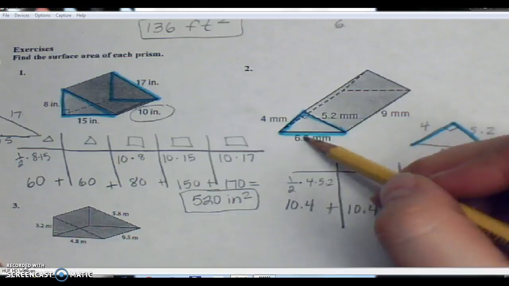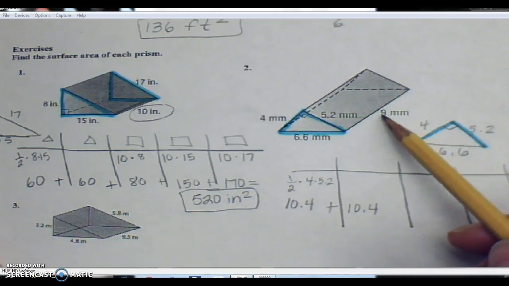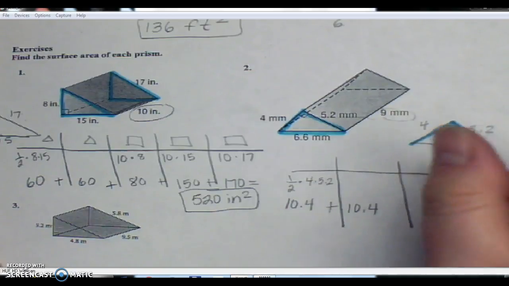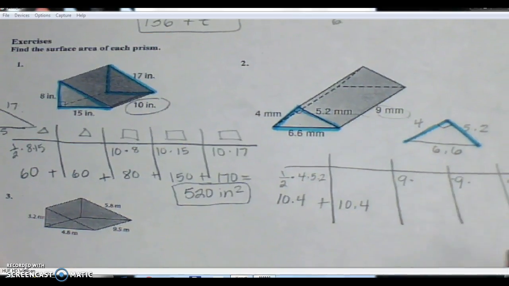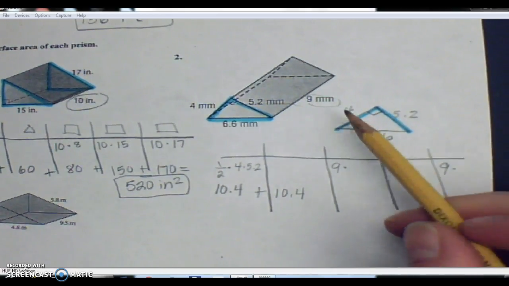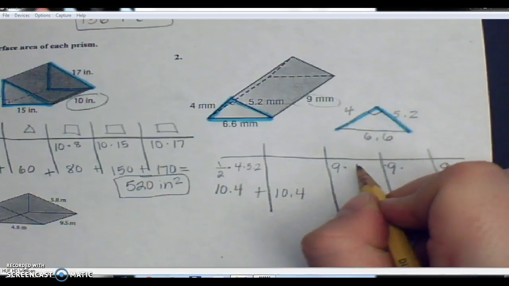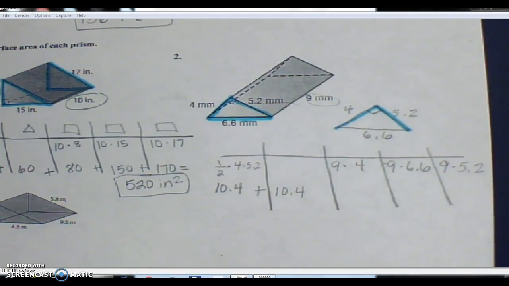Then we look at our triangular prism, and we see the common side is 9 millimeters, so it's 9 times, 9 times, 9 times. And then remember that second dimension are going to be the 3 sides from my triangle, 4, 6.6, and 5.2.